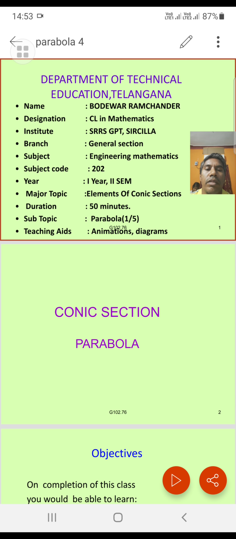So open your textbook and see the diagrams. In the textbook there are so many forms given. Here we discussed today only the first form, that is y square equals to 4ax. And in further classes we will discuss the remaining forms and problems based on different data.